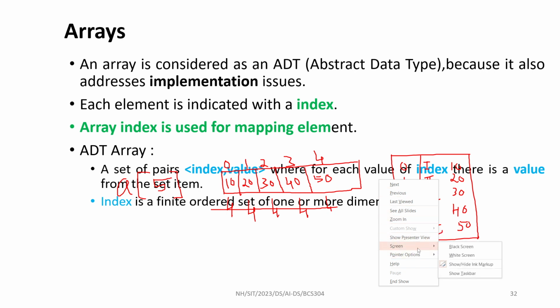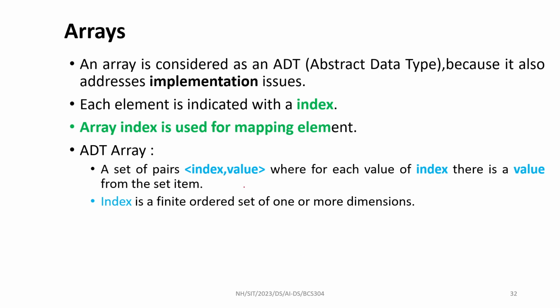I'll erase these things. Take any array, for example, A is an array. This has 2 elements: one is the index, the other is the value. That can be written like this: A, the fifth index of that element is 10.